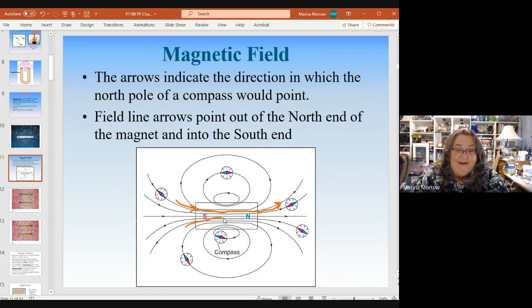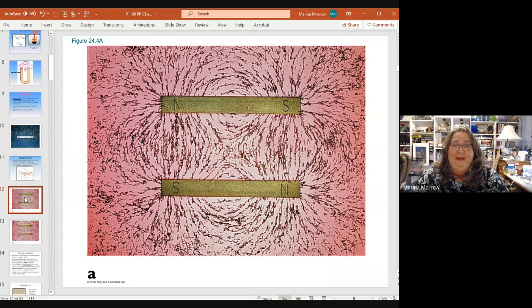The magnetic field lines exist, but they don't radiate from those points. They're kind of just points that we put a label on to be convenient. They're kind of where the lines appear to be coming from, but we've got lines over here too, and here, and here. So they're not really radiating out from that point exactly. Okay, and that's because, yes, the magnetic field lines run through the magnet.